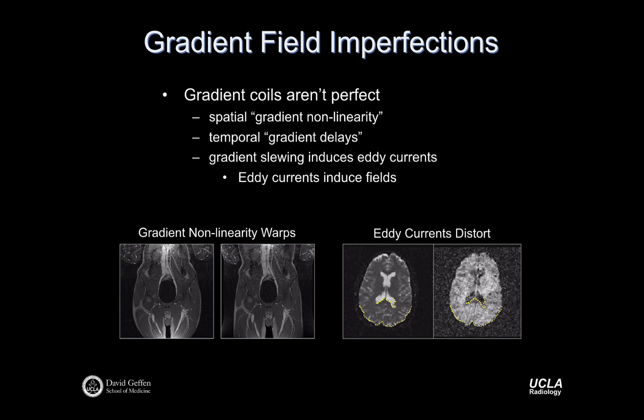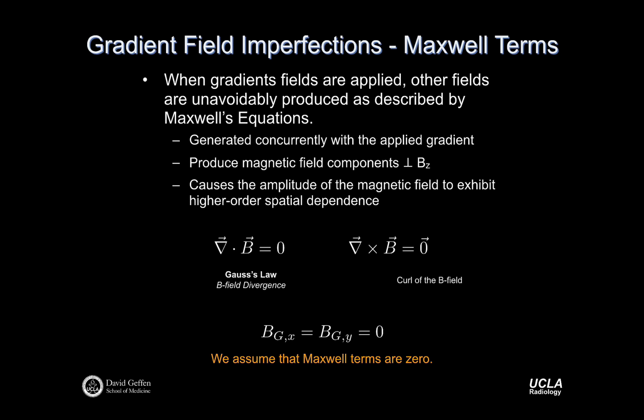I won't spend a lot of time on this. We certainly could. One of the imperfections in the gradients comes from Maxwell's equations, right? So I've told you that when we turn on gradients, we only get field components in the z direction, and physically that's actually impossible according to Maxwell's equations. And so when gradient fields are applied, other fields are unavoidably produced, which is what the Maxwell equations capture.